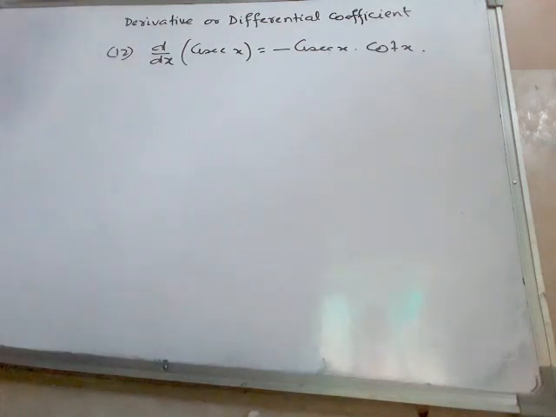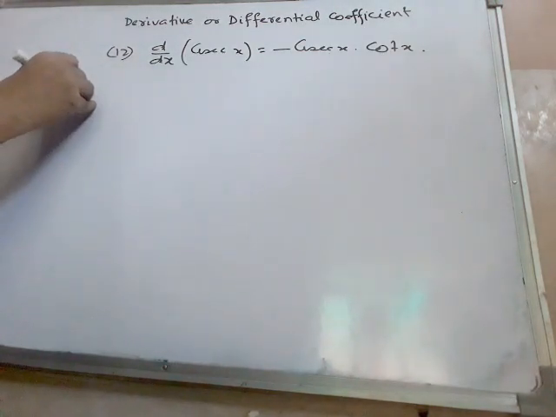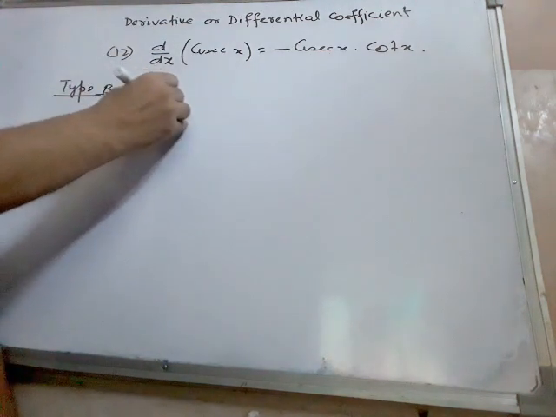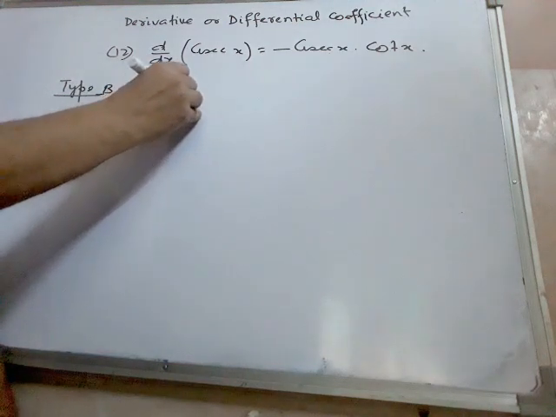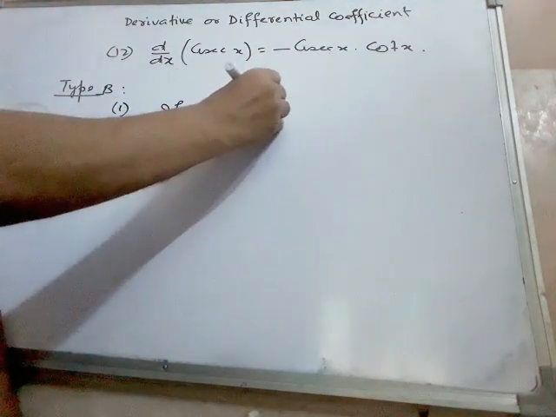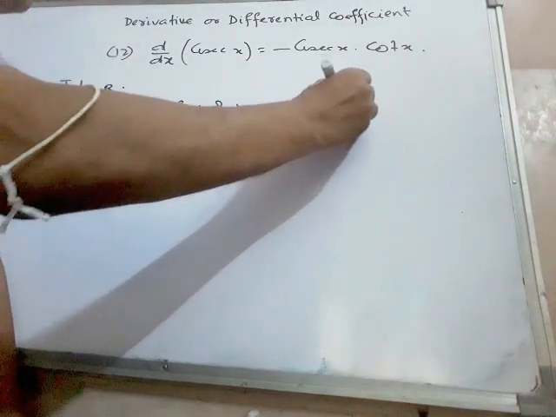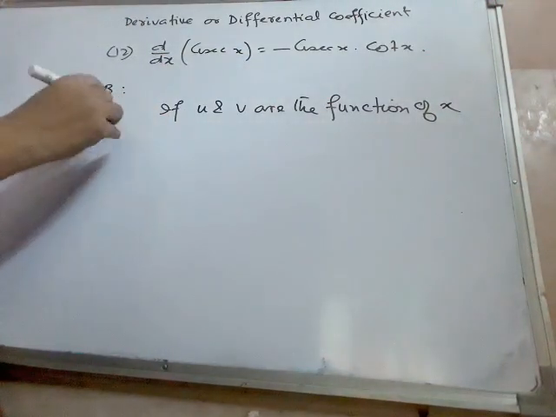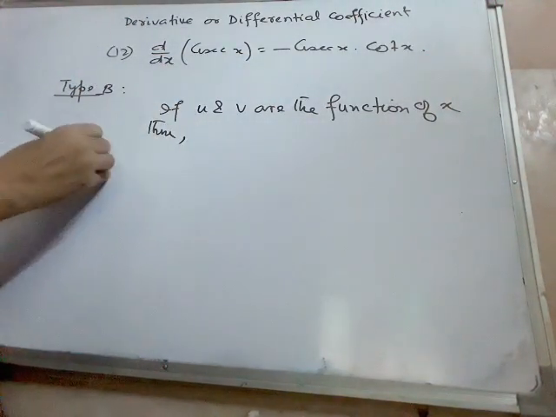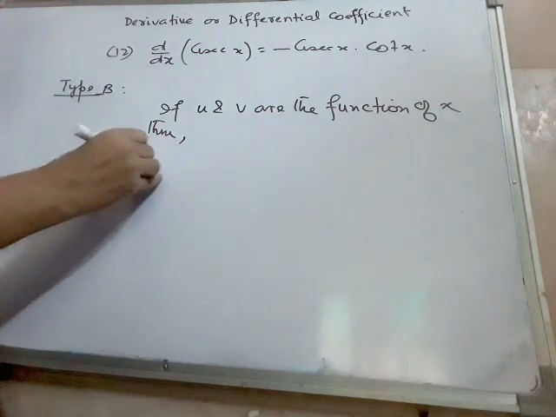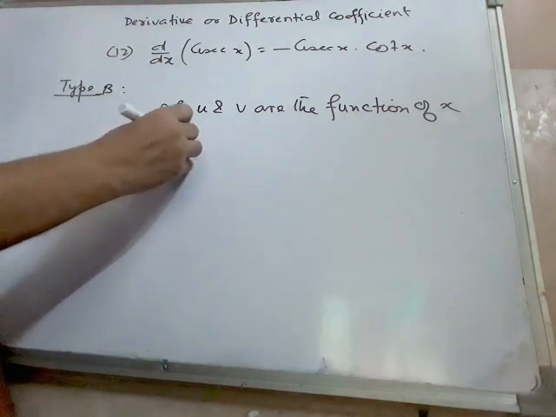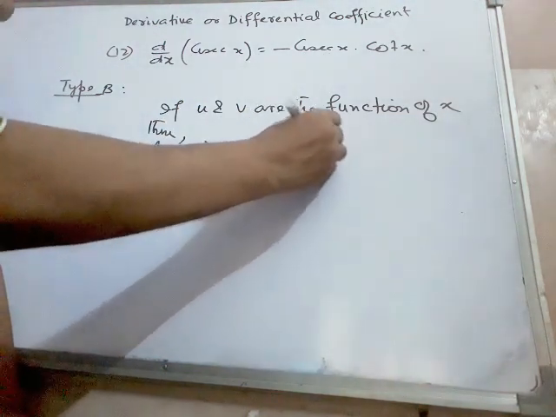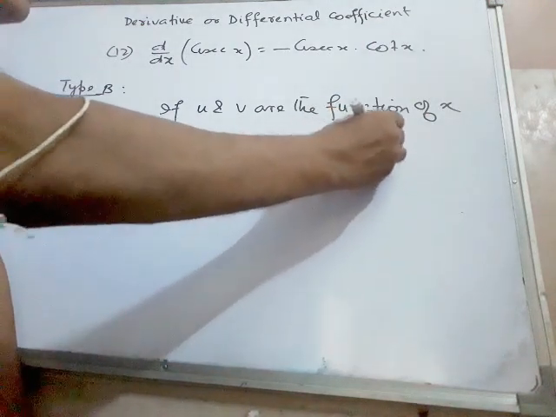Now we are giving the formulas of type 2. Type B. Number 1: if u and v are functions of x, then d/dx of (u plus v) equal to d/dx of u plus d/dx of v.